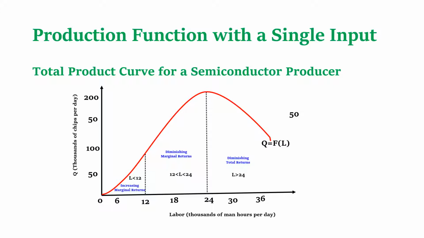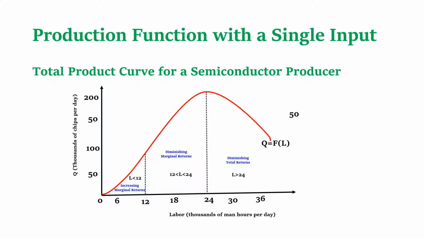Once that has been exhausted, diminishing marginal returns to labor, that is the variable input, will set in. It will set in when the farm has exhausted its ability to increase labor productivity through the specialization of the workers. When that occurs, between labor equals 12 and labor equals 24, diminishing marginal returns sets in.